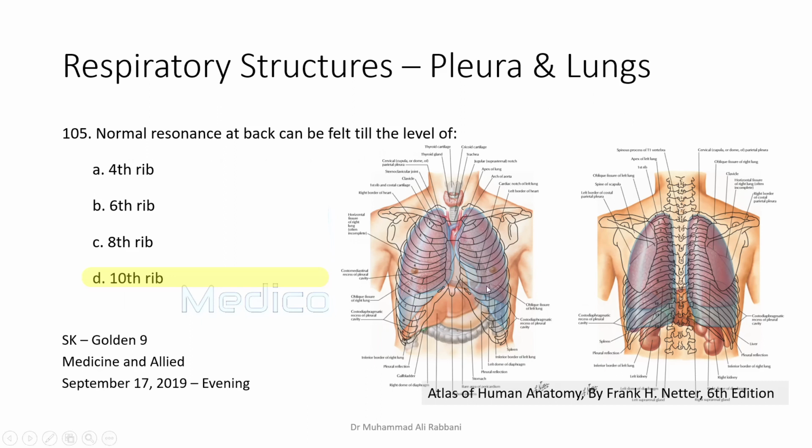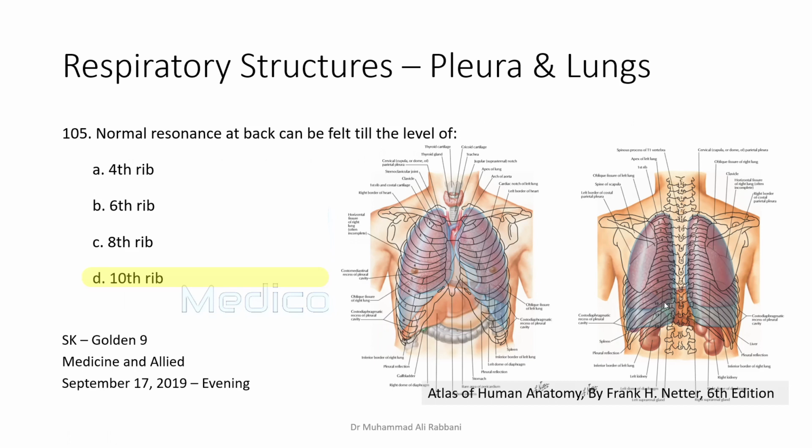At the mid-clavicular line, it is at rib number 6. At mid-axillary line, it is at rib number 8. And just near the posterior midline, it is at rib number 10. So the lower margin of the lung is at the 6th, 8th, and 10th rib levels at mid-clavicular, mid-axillary, and posterior midline.